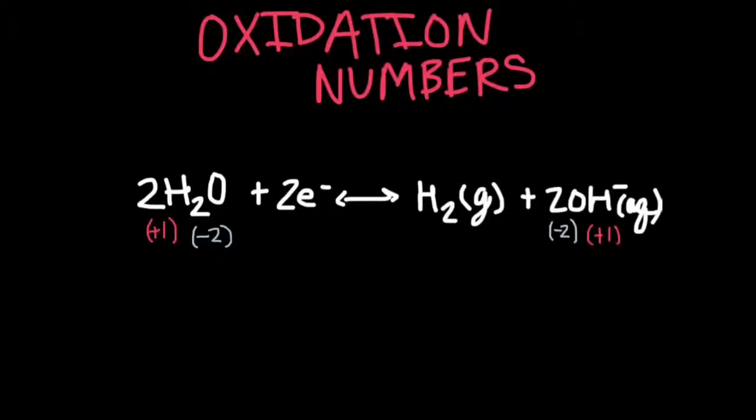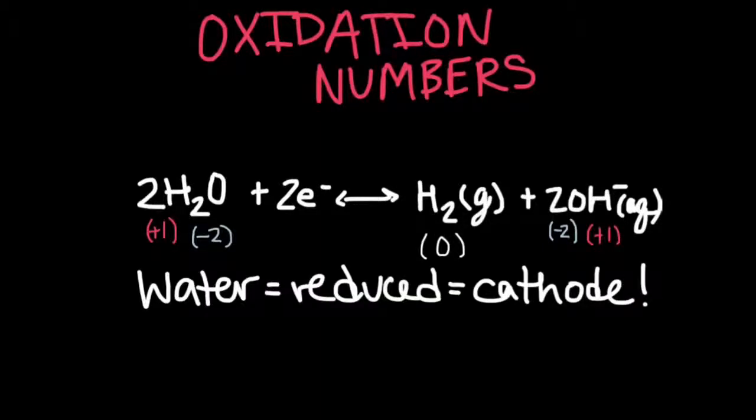The same oxidation numbers apply for hydroxide, as there is only one hydrogen, giving the molecule a negative charge. However, a lone element always has an oxidation number of 0. Since hydrogen went from a +1 oxidation number to 0, we know that water is reduced, so this reaction is happening at the cathode.